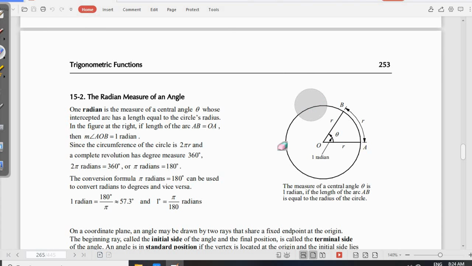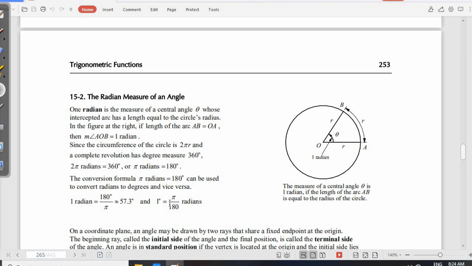So here I want to look at the radian. I once told you that in order to convert from degrees to radians, all you need to do is multiply your degree, any degree that you want, by pi over 180.